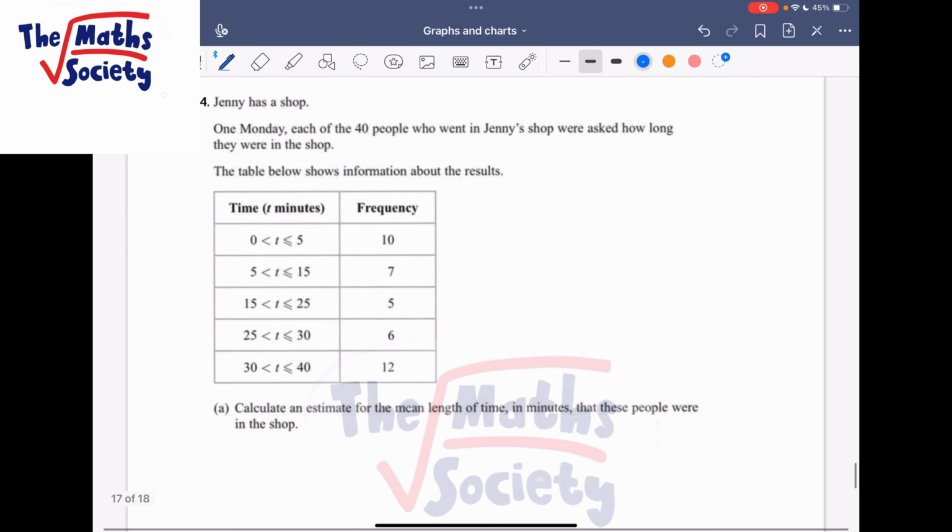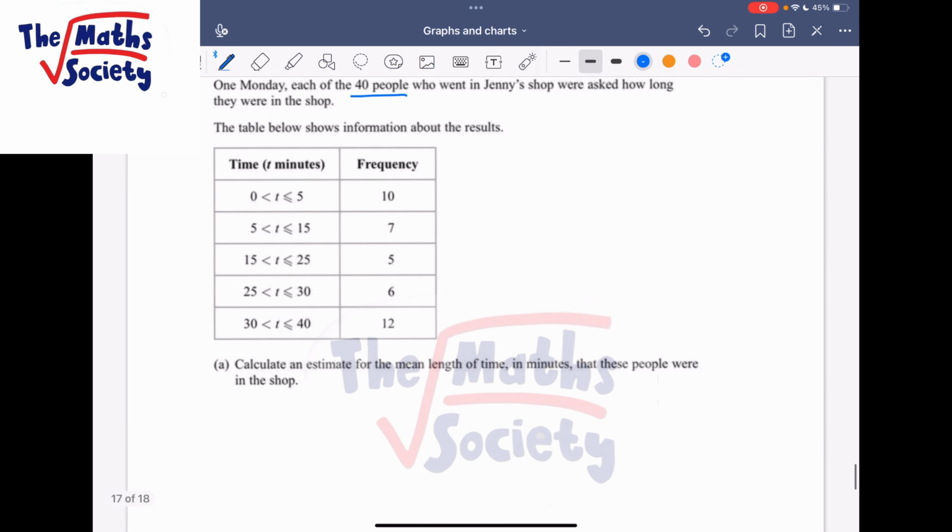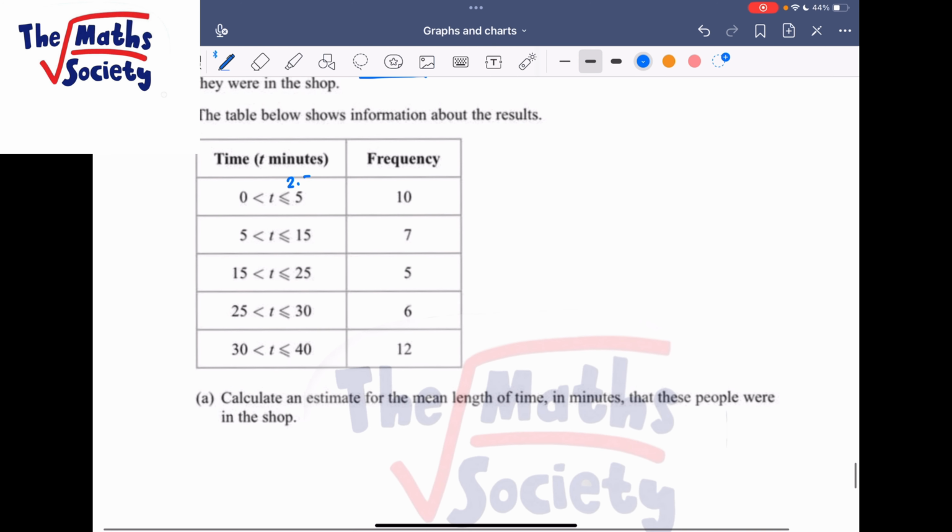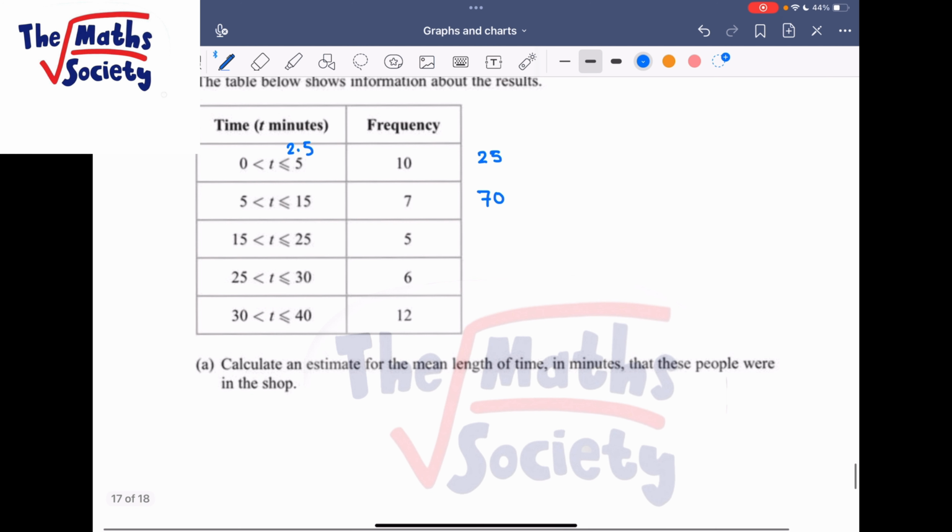Okay, we'll now go on to number 14. 14 says Jenny has a shop. One morning, each of the 40 people who went into Jenny's shop was asked how long they were in the shop, so time in minutes. Calculate the estimate mean. We know this is the same thing. There's going to be 2.5 multiplied by 10, that's going to give you 25. And 5 to 15 is going to be 5, that's like 20. So 10 is going to be 7, so multiply 7, 70. The same for these, you do 20 multiply 5, 100.